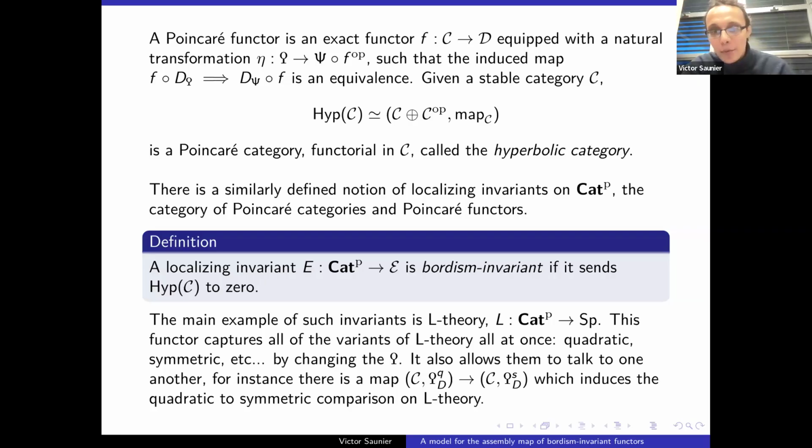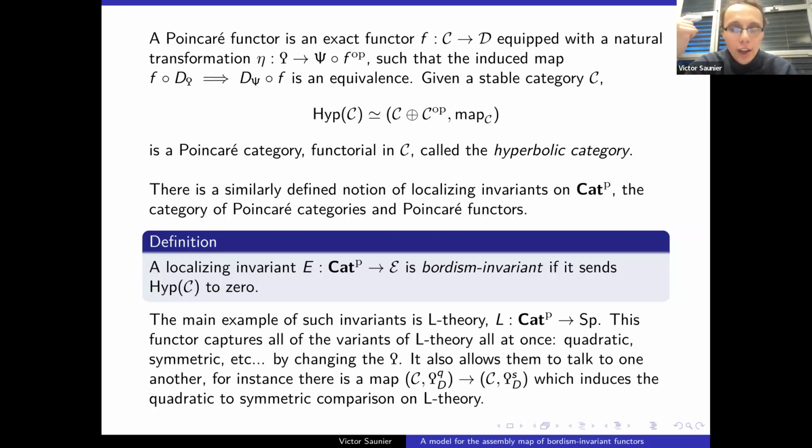So what's an example of such a guy? It's L-theory. L-theory is not quite localizing in this general sense, but there is such a thing as L-theory with the universal decoration that's localizing. This is a functor with one of its very nice properties, because we did this in such generality: there is one functor and it captures all of the possible variants of L-theory.